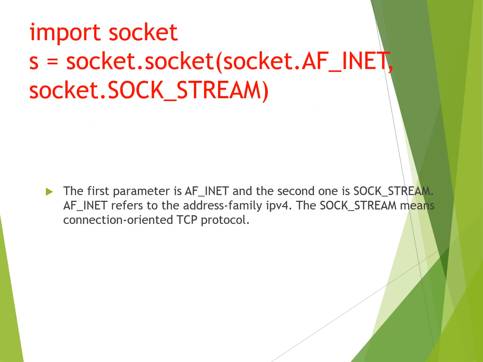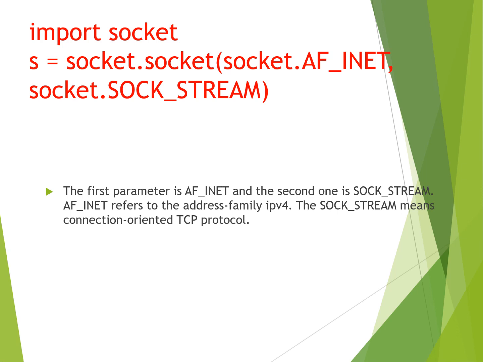Then we import the socket using this line: import socket, s = socket.socket(socket.AF_INET, socket.SOCK_STREAM). AF stands for address family, and INET means internet network. This line is used for creating the socket.